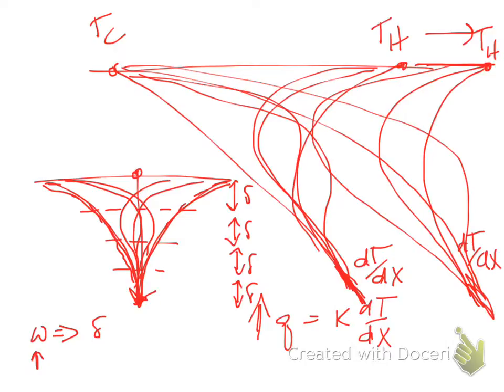Given the frequency that you're oscillating the surface boundary condition and the properties of your material, you'll end up with a skin depth. One version of it is the square root of kappa tau, where kappa is our diffusivity, which has the conductivity K, the density rho, and the specific heat.